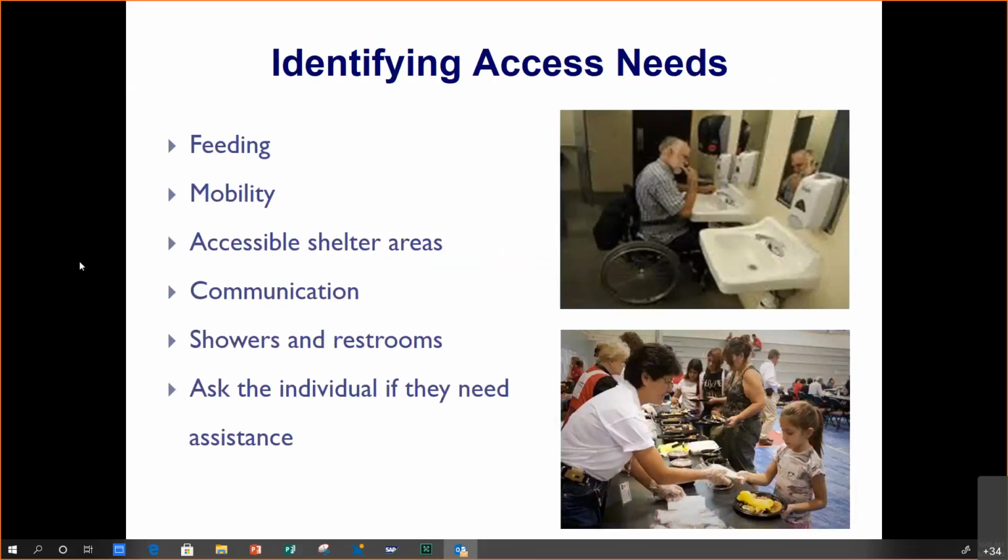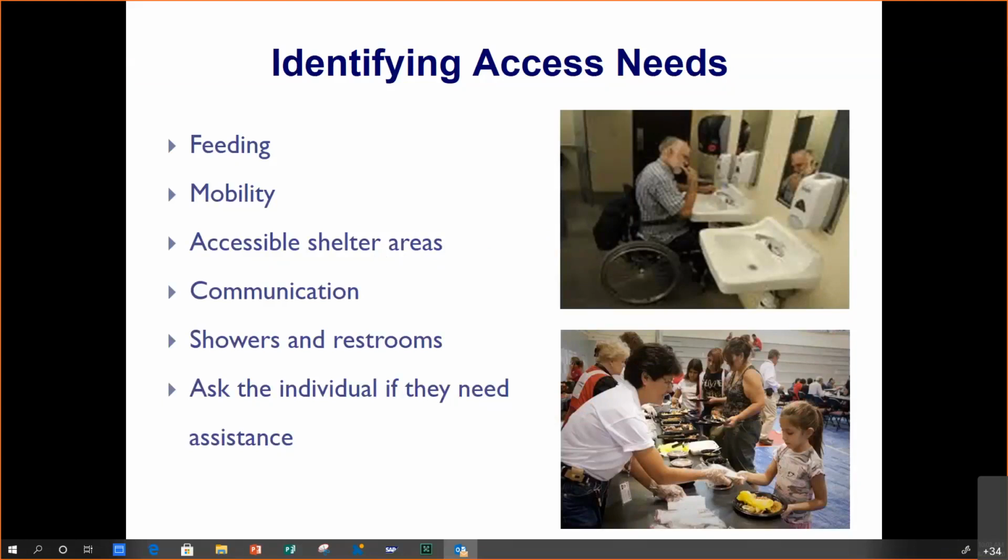Just as an overview of some of the access needs that you may be seeing in a shelter environment. We're talking about issues with feeding and mobility, areas of the shelter that may not be accessible. There may be barriers to communication. There may be problems with accessing showers and restrooms.